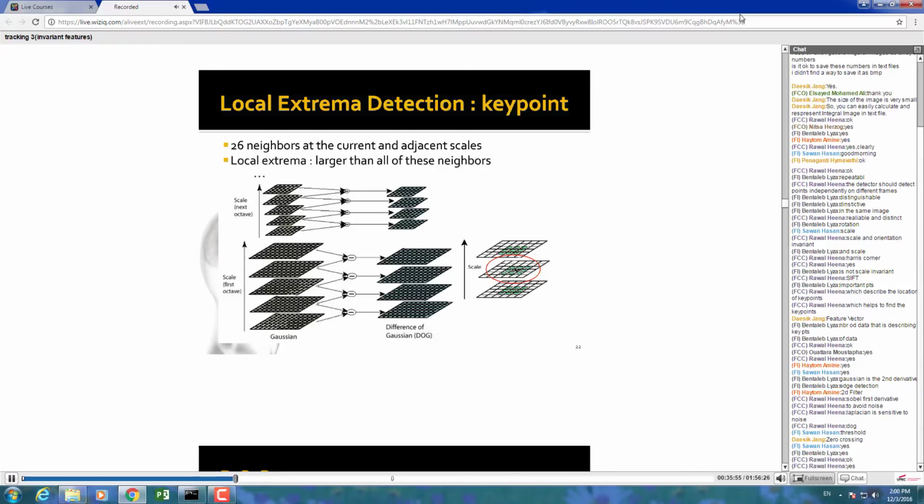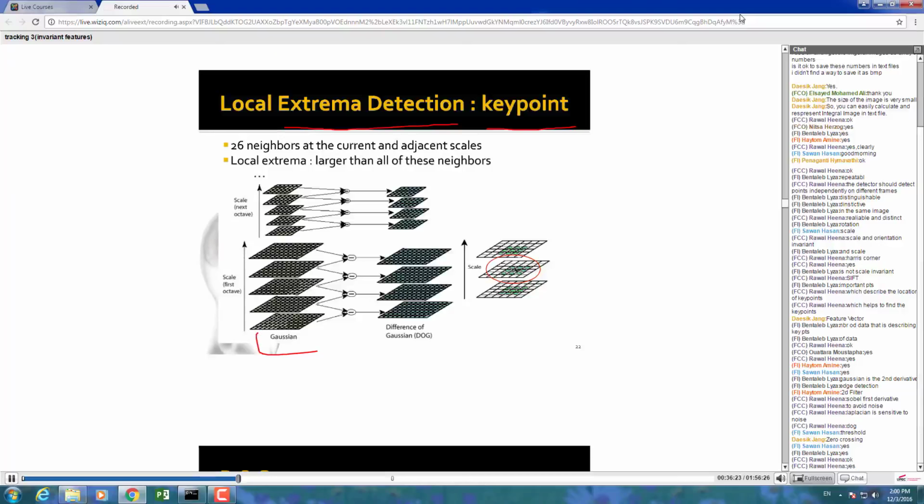Based on this LOG or DOG image, we can now try to extract extrema points. These extrema points are represented as key points. So we are collecting extrema key points from the DOG image in scale space.